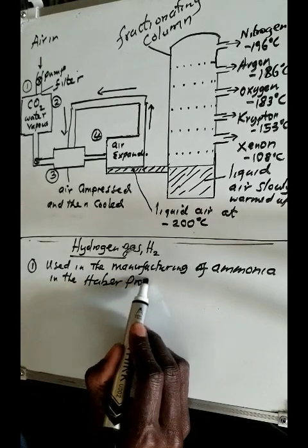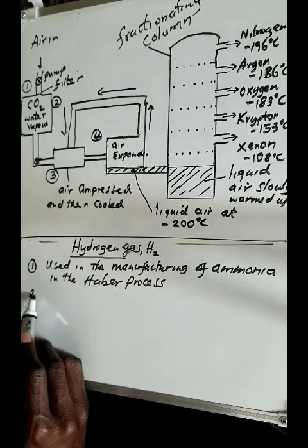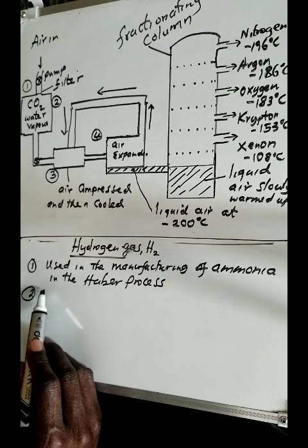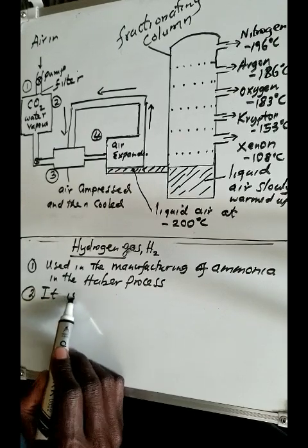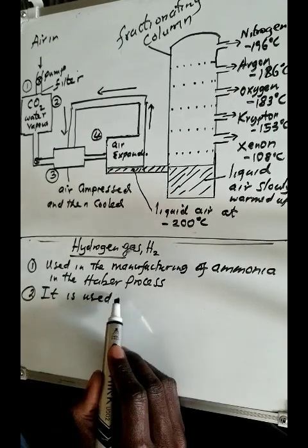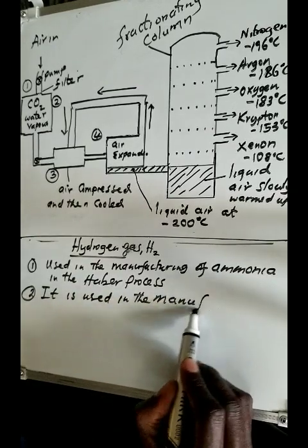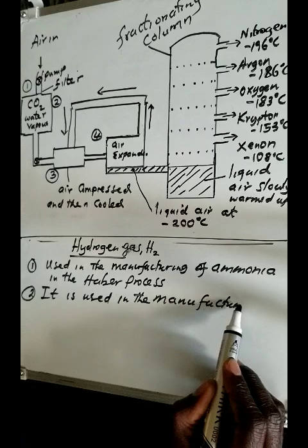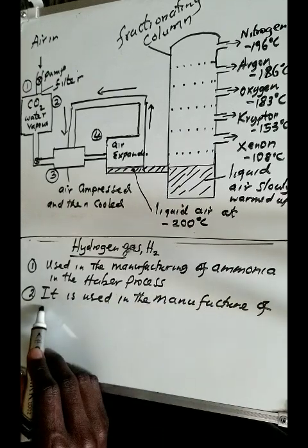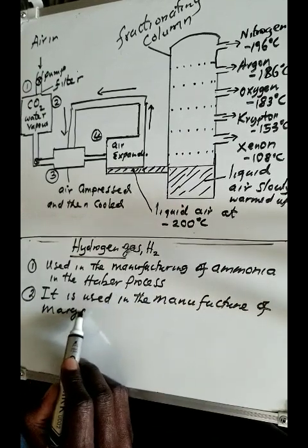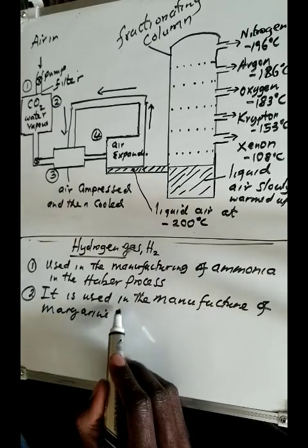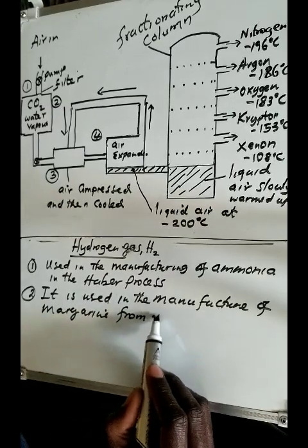If you didn't look at my videos on the Haber process, please look at that. It is also used in the manufacture of margarine from vegetable oil.